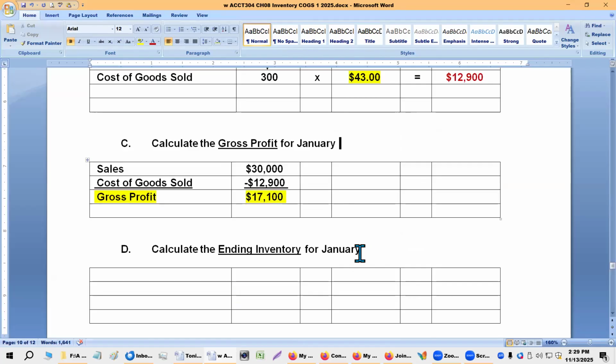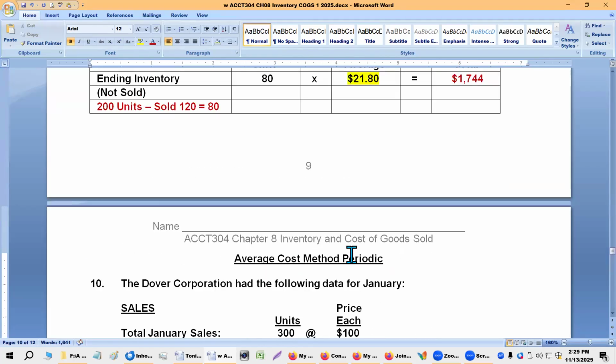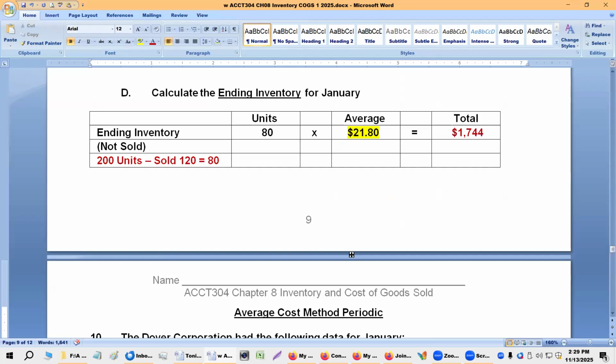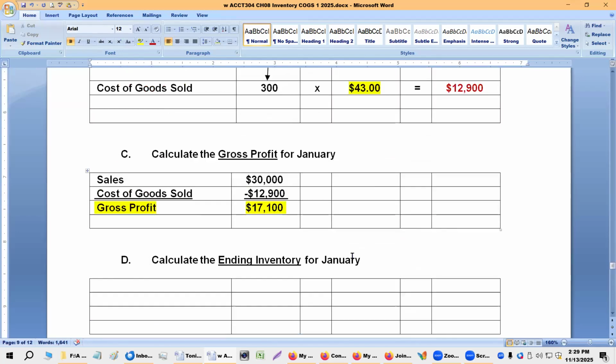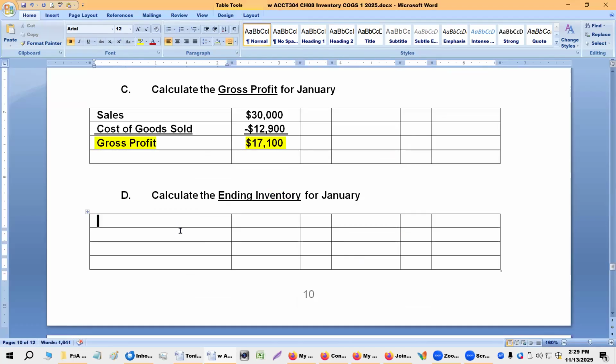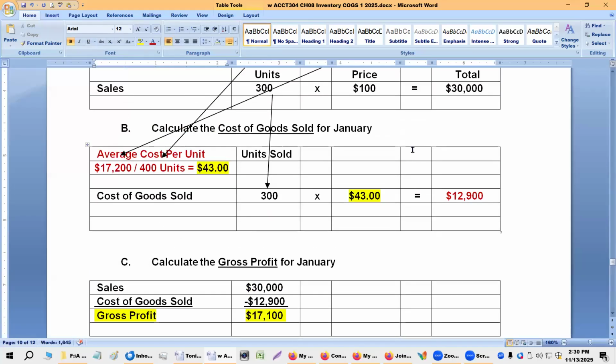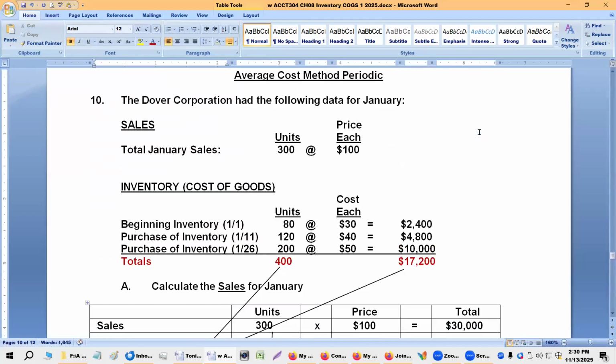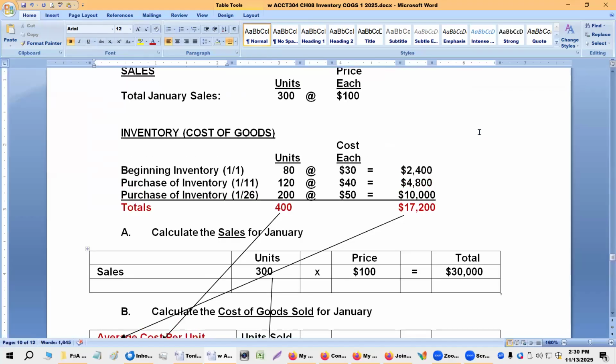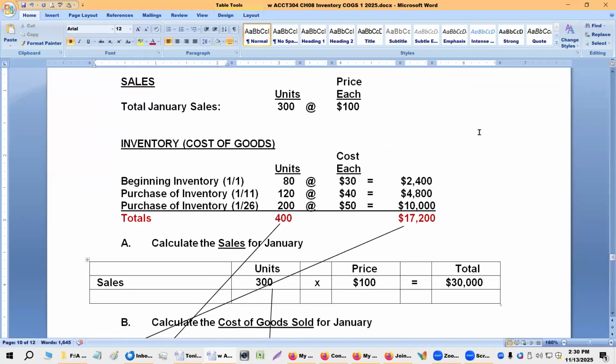Ending inventory. Cheat one last time. Okay. So the other things that are not sold. How many things were not sold? 100 units.